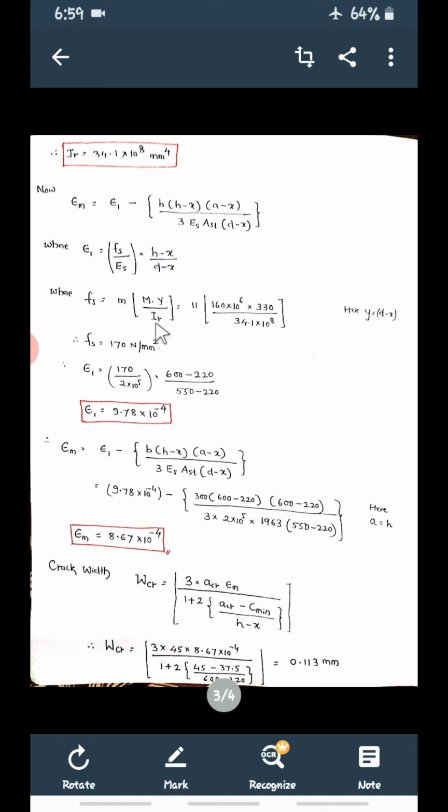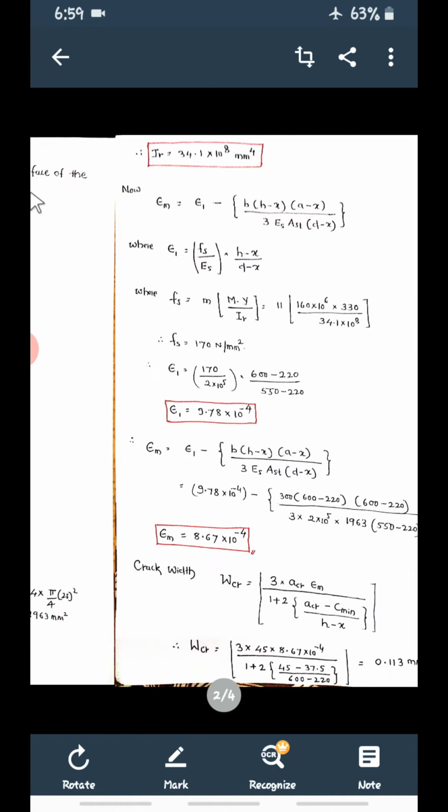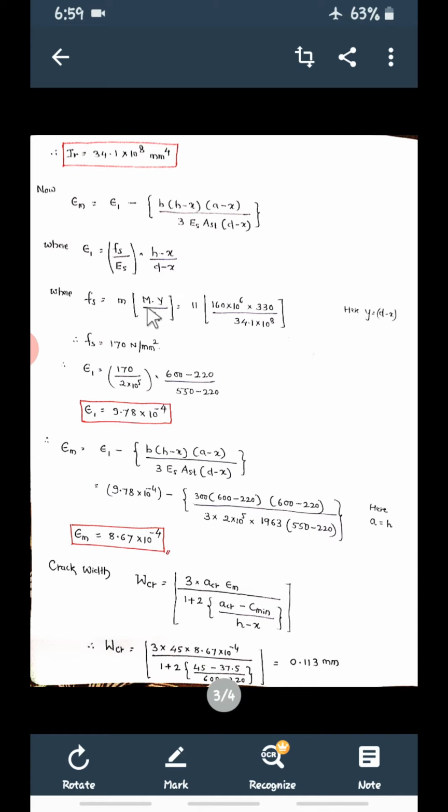So here Icr is required, that's why we have calculated Icr. Small m is 11, that is the modular ratio, into capital M, which is given as 160 kilonewton meter. Kilonewton to newton and meter to millimeter, it is 10 raised to 6. Now it is 160 into 10 raised to 6 Newton mm, into y.